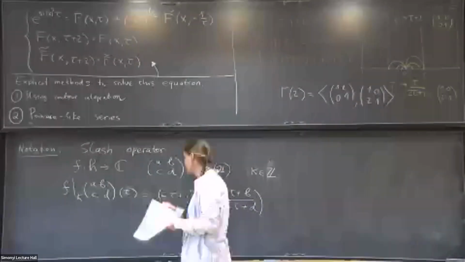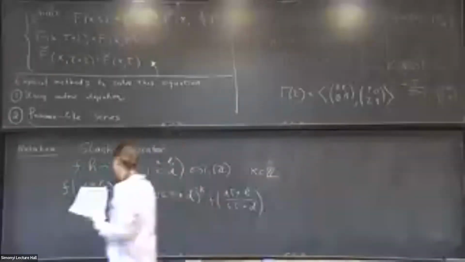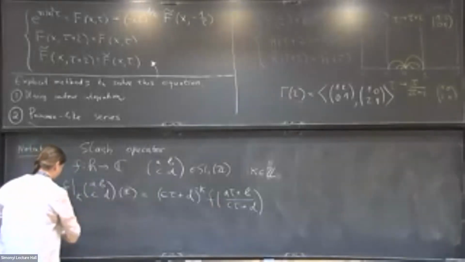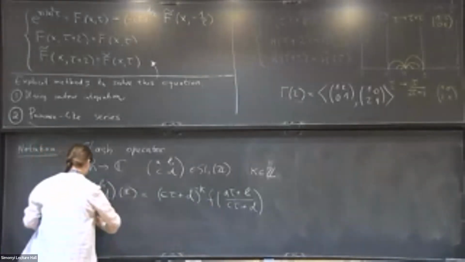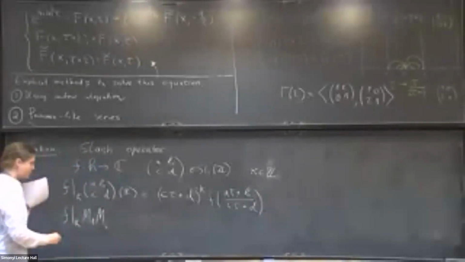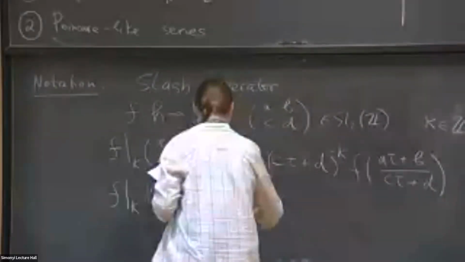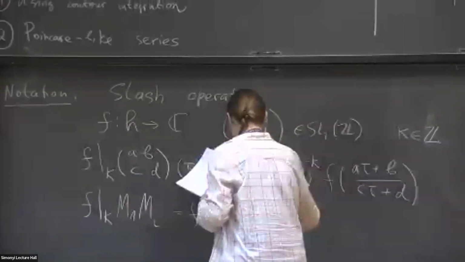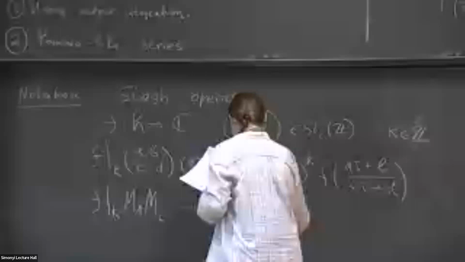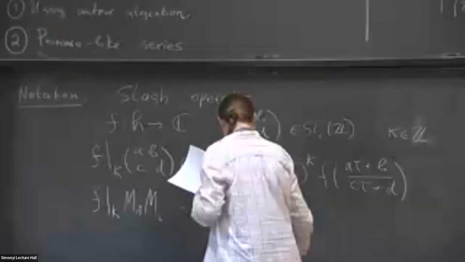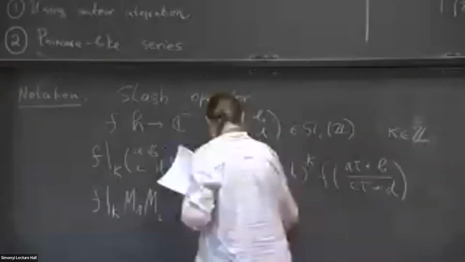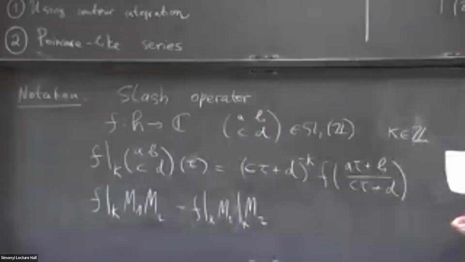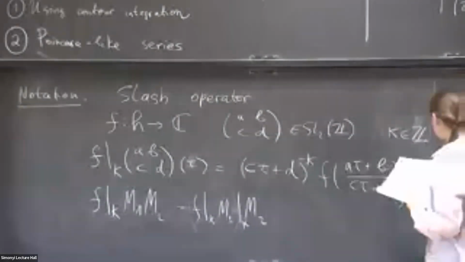One important property of the slash operator is that it is an action: if you have f|k and the product of two matrices, it is the same. This is an important, convenient property of this notation.